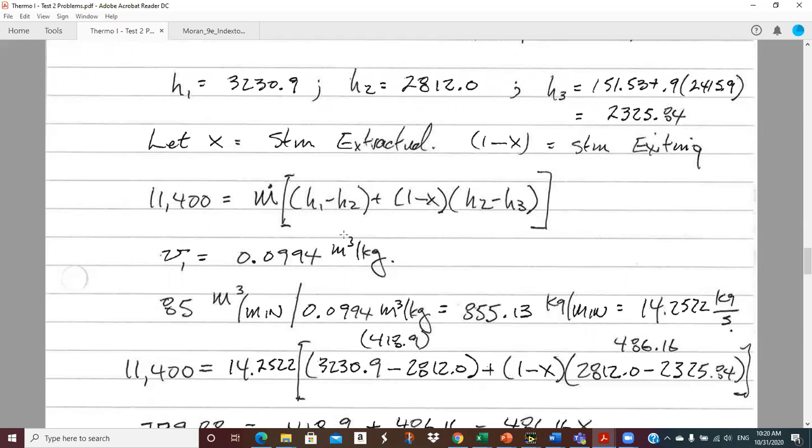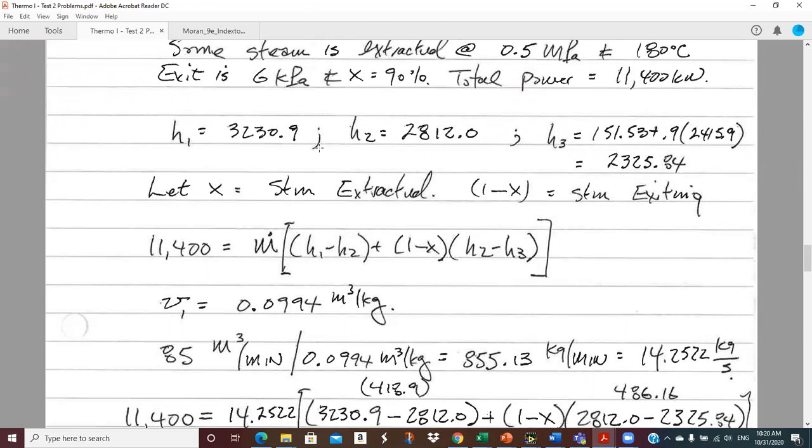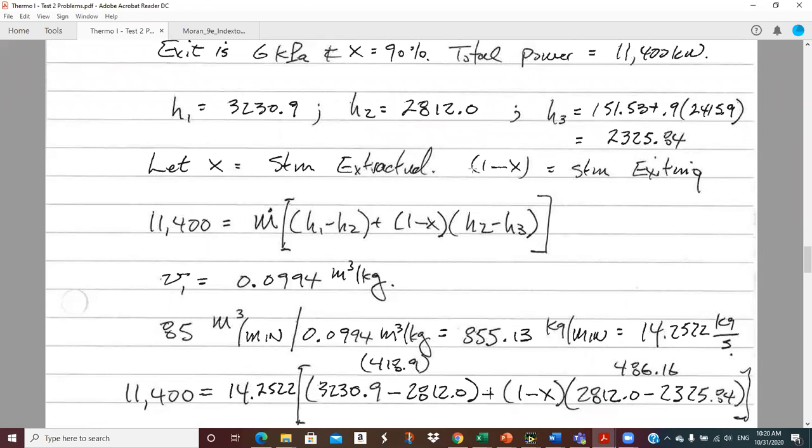Okay, so write a little equation here. I'm going to let X equal the fraction of steam extracted at location 2. So that makes 1 minus X the steam that exits at the rear of the turbine.